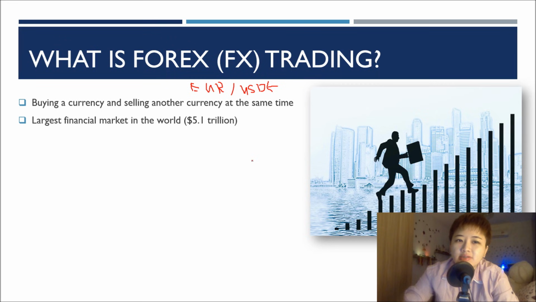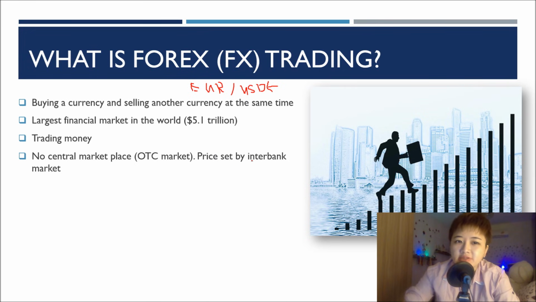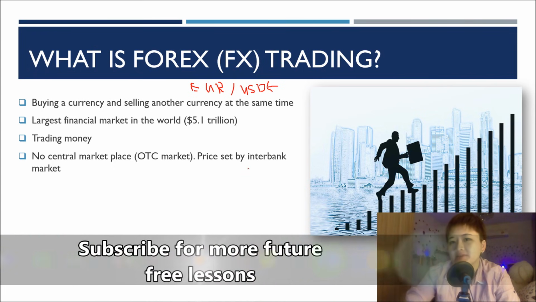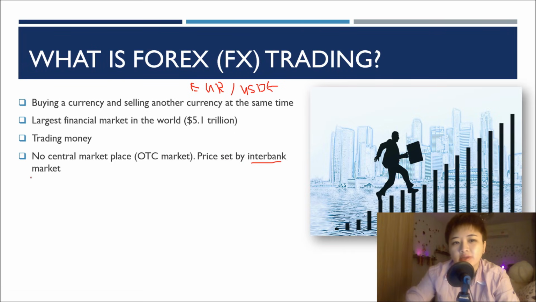And it is the largest financial market in the world. As of now, about $5+ trillion turnover per day. Alright, per day, you hear that? Basically, what you're doing is you're trading money when you're trading Forex, and there's no central marketplace. It's an OTC market. A lot of people say, oh, this is an OTC market. What does it mean? It means that it is an over-the-counter market, meaning prices are set by the interbank market.